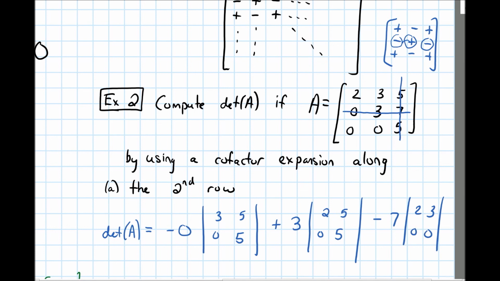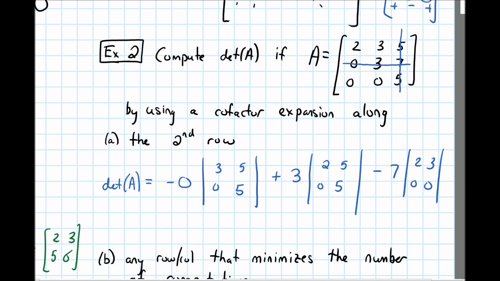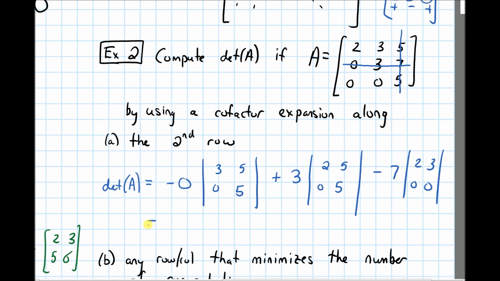Okay, so let's work this out, because at this point I know how to compute 2 by 2 determinants. They're easy. With this first term I have 0 times something, which is clearly 0. With the next determinant, I have the 3 in front. To work out this 2 by 2 determinant, I multiply these two terms, which gives me 10, minus what I get when I multiply these two terms, which is 0.